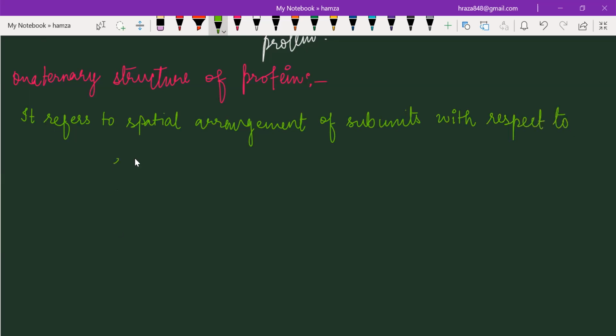That is basically the quaternary structure of protein. So if you want to see how this works, basically you can see.